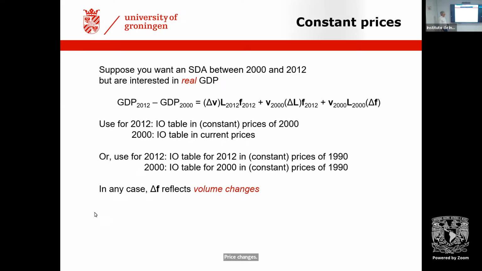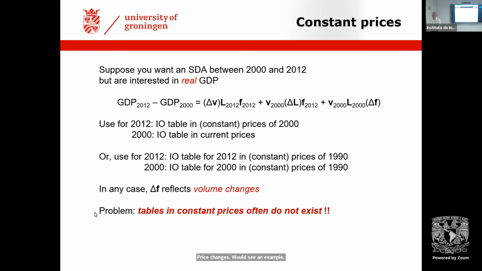We'll see an example a little bit later. There's one problem, in particular if you work with these world input-output tables: tables in constant prices often do not exist. Often you do have, however, information on prices, very often per industry in different companies.